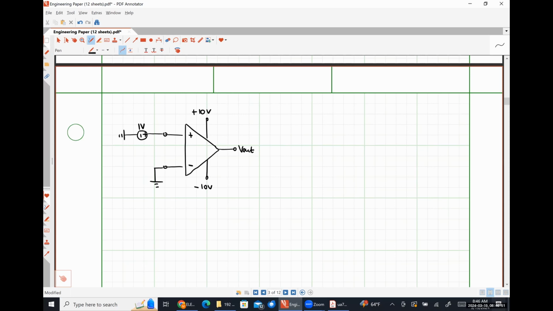And let's say that this amplifier is a 741 op amp, like I showed you guys earlier, right?